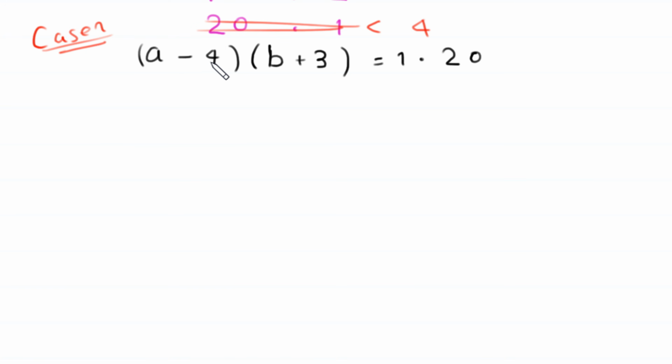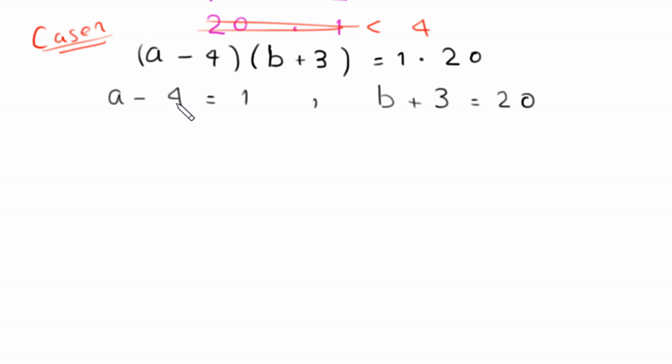So this a minus 4 will be equal to 1 and b plus 3 will be equal to 20.